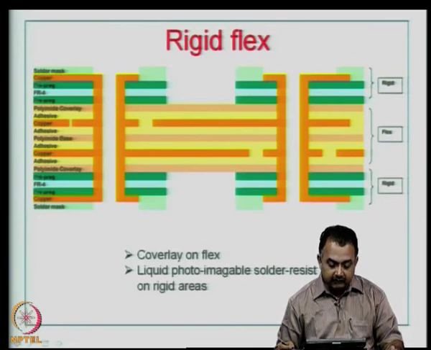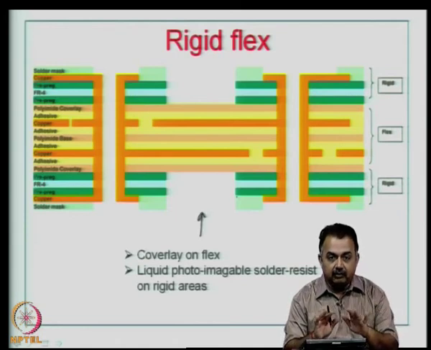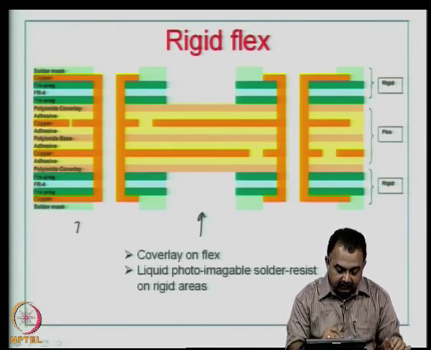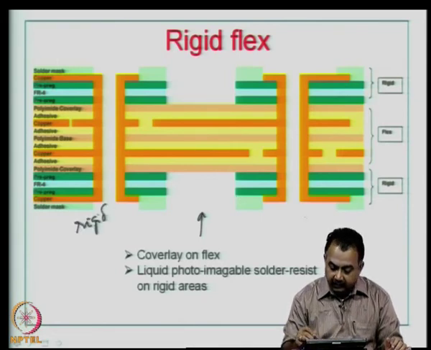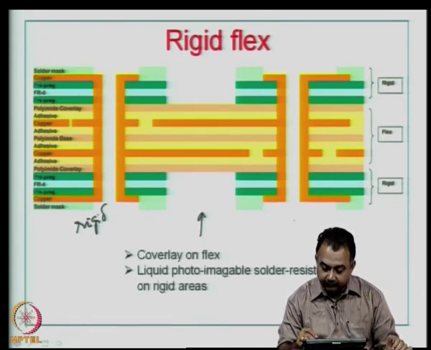So, a rigid flex will again look like this. This will be the flex area where you can bend the circuit board, and then these are the rigid areas as you can see, and again here some of the areas are rigid.